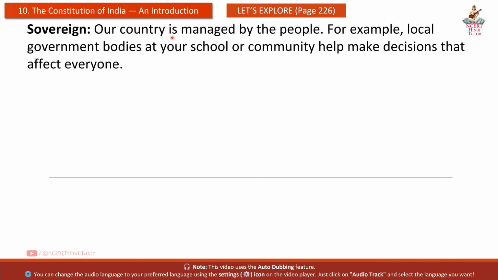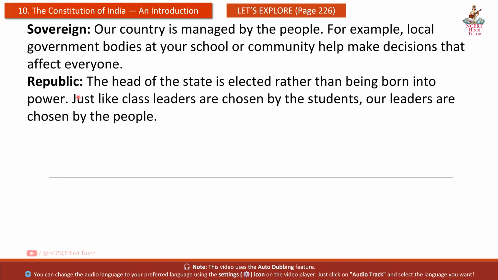Sovereign: our country is managed by the people. For example, local government bodies at your school or community help make decisions that affect everyone. Republic: the head of the state is elected rather than being born into power. Just like class leaders are chosen by the students, our leaders are chosen by the people.